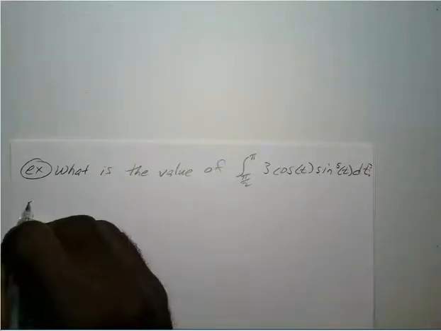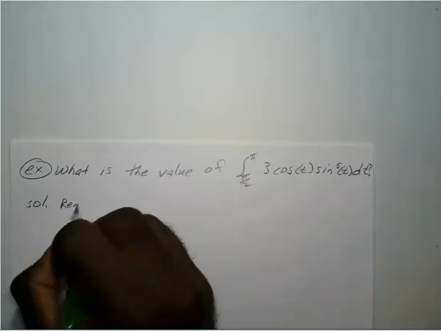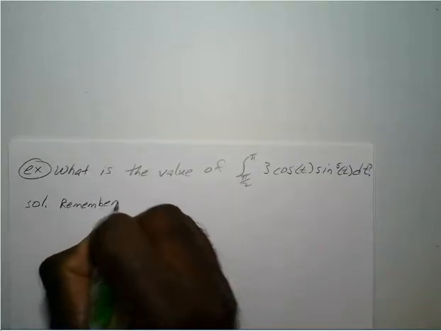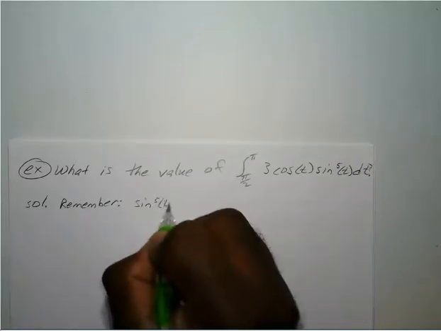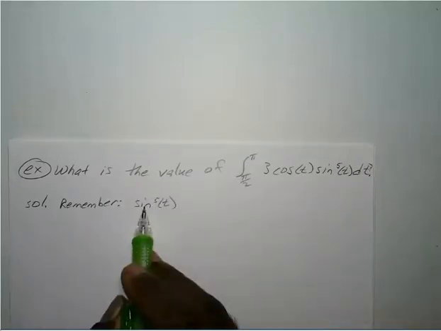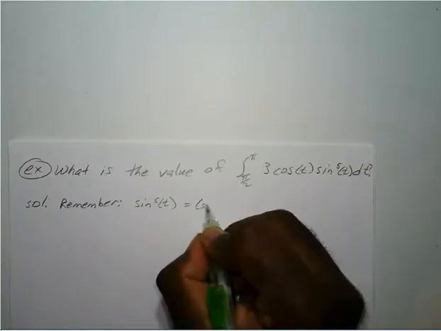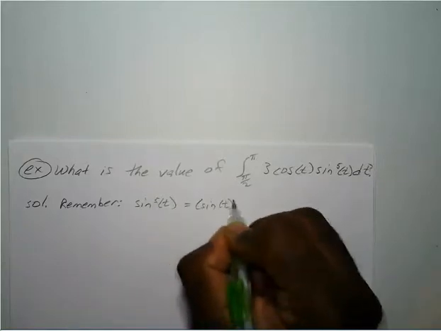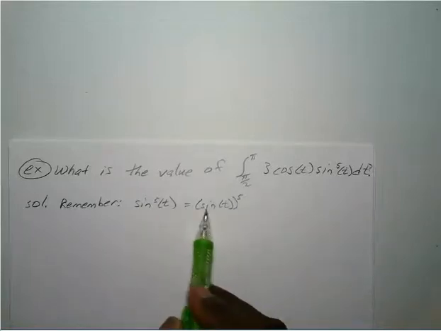All right, so just like before, you want to remember that you can rewrite your sine to the 5th as sine of t to the 5th power. All right. So in this case, we're going to let our u equal sine of t.